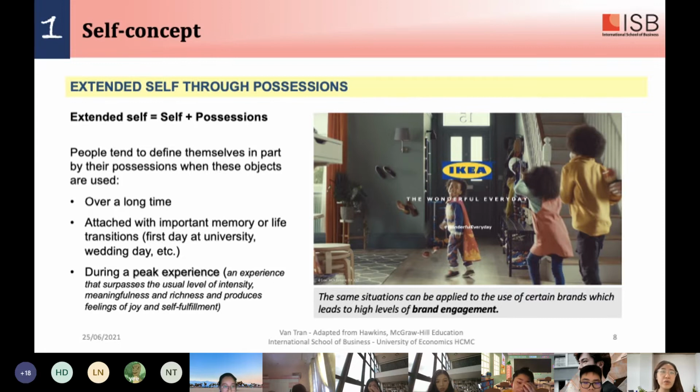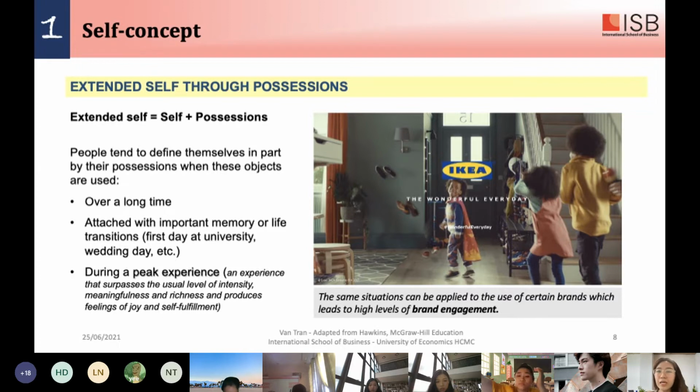Because you do sports so much, right? You go to the gym so much. That means that is a part of your life, your self-identity, and a lot of products that go along with that identity, that help you to achieve that identity, would become a part of yourself.